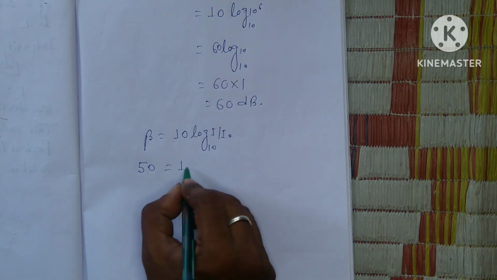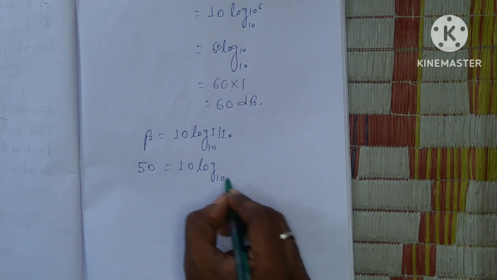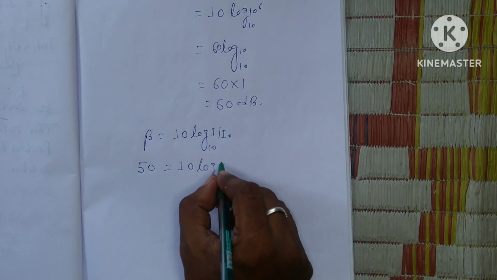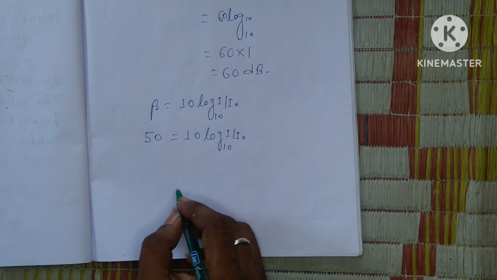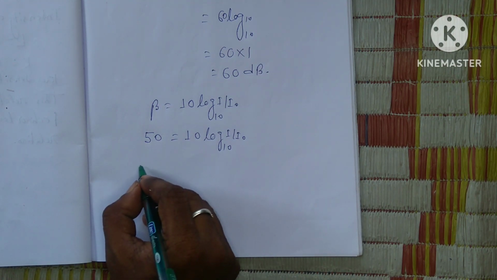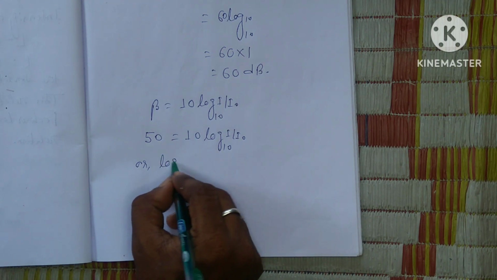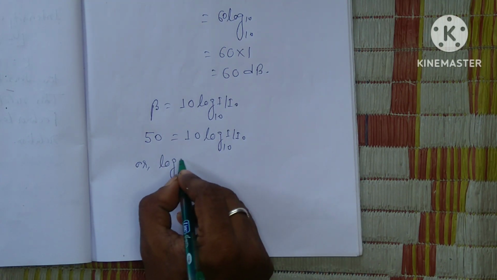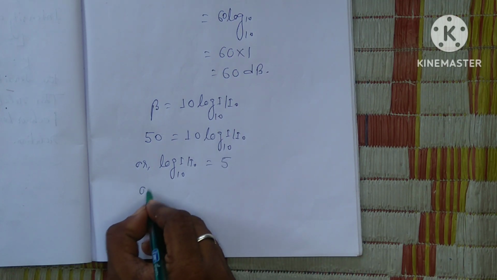So 10 log 10 base I by I0 equal to 50. Here we get log 10 base I by I0, this is 5.